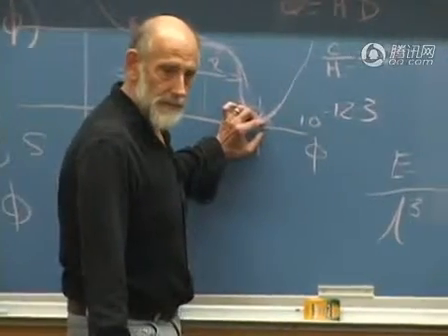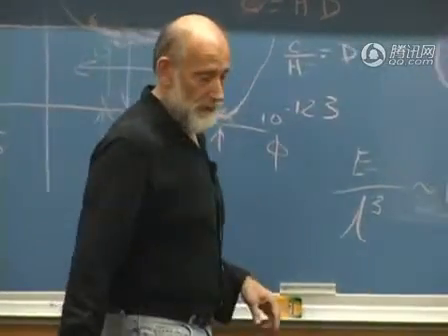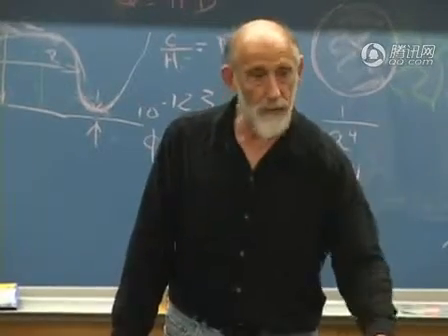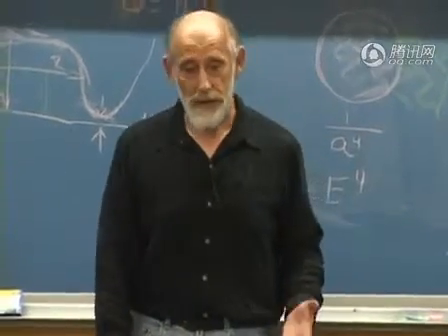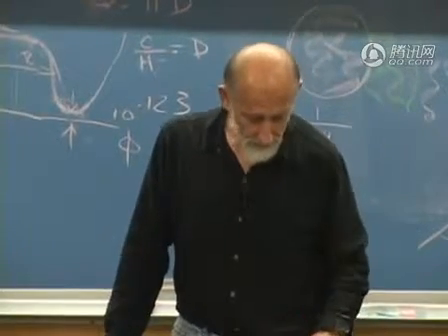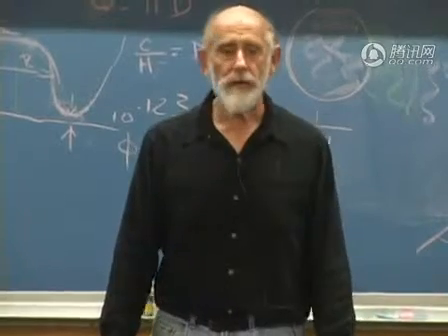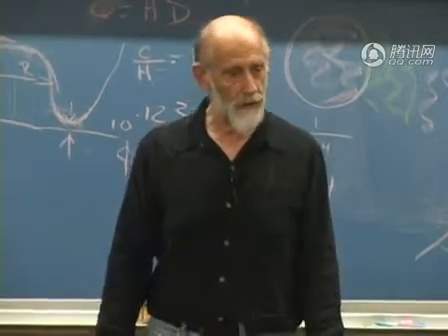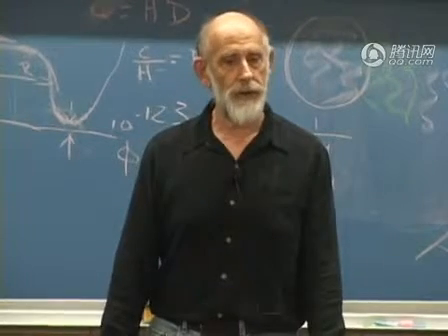They're two big fine-tuning puzzles. Both of them can be resolved in one simple explanation, whether you like it or not, that the universe had to be such that structure formed in it, structure meaning galaxies, stars, planets, and so forth.